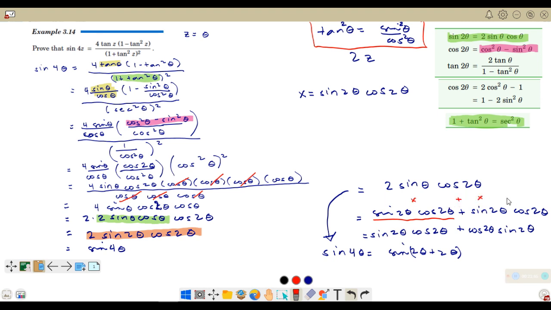Which is equal to 2x. Ano ang 2x? Substitute mo ito, sin 2 theta cosine 2 theta for x, we have 2 sin 2 theta cosine 2 theta. So, itong buong expression na to is actually equal to sin 4 theta by working backward.